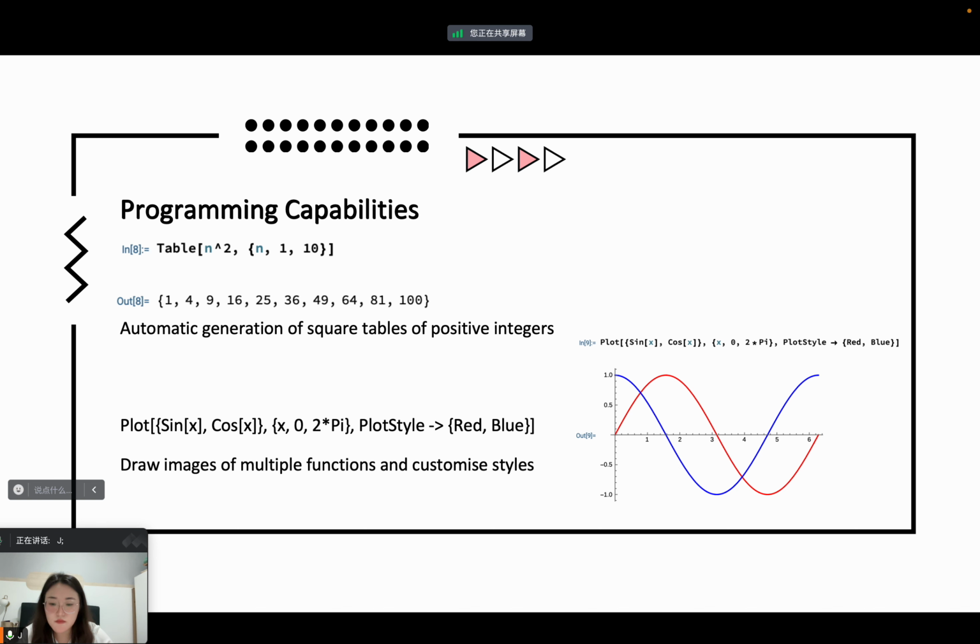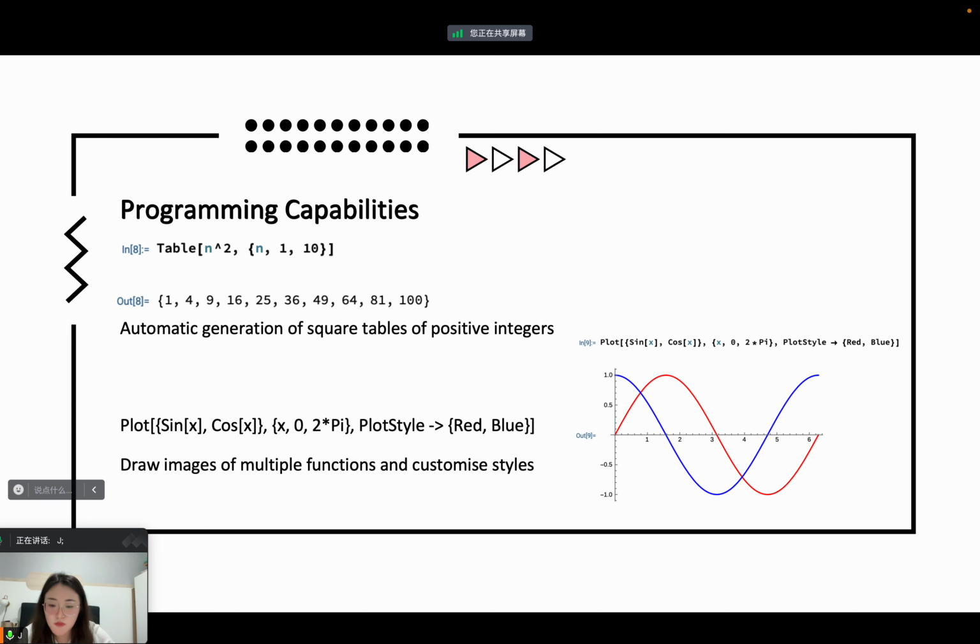The third is programming functions. Mathematica can be programmed to create custom functions for data processing and analysis. For example, if one wants to automate repetitive calculations or data manipulation by automatically generating a table of squares of positive integers, one can use this function, and that is what we will get, like this one.